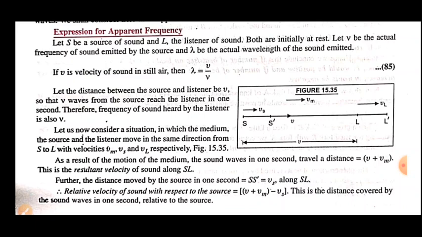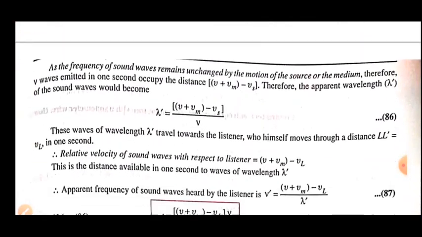When the source is moving, after some time it will be at the position S dash, and if the listener is also moving, it will be at the position L dash. If the whole medium is moving with velocity v, then how can we understand the variation in the frequency?